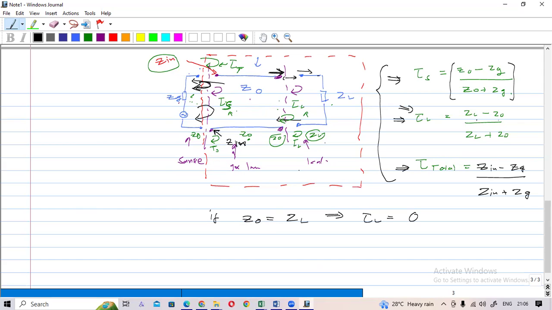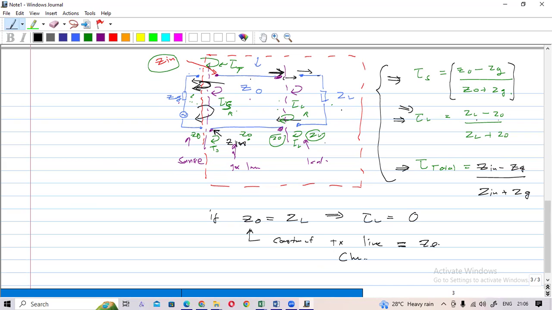If you match this load to the transmission line, that means you need to construct the transmission line with characteristic impedance equal to ZL.